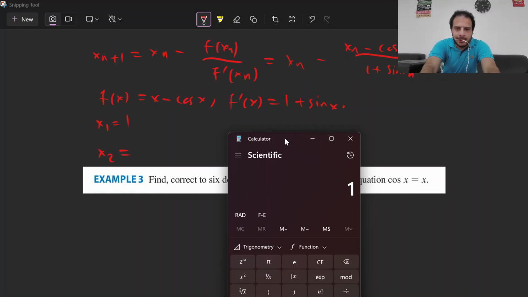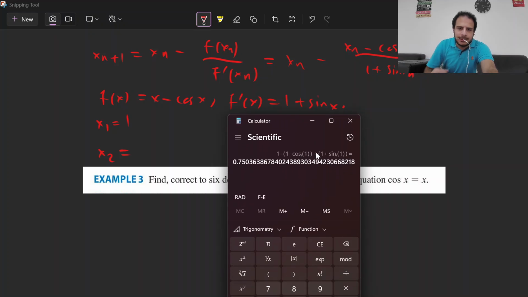We have 1 minus open parentheses, 1 minus cosine 1, close the parentheses, divided by open parentheses 1 plus sine 1, close the parentheses. You get this number, 0.750363.